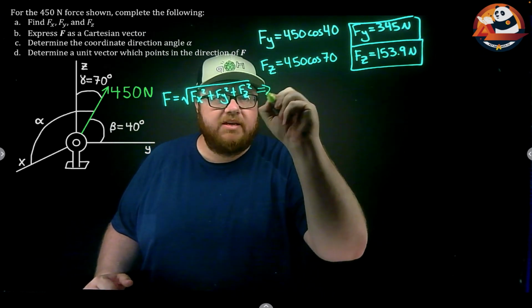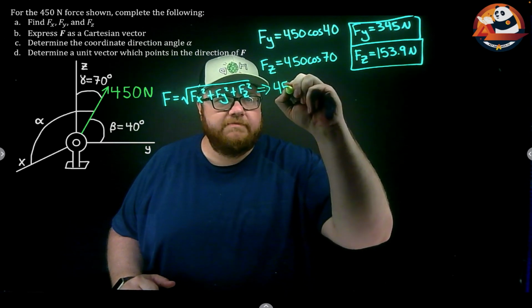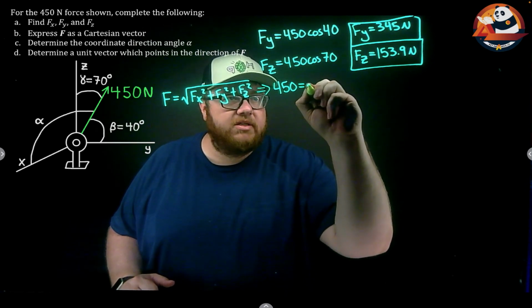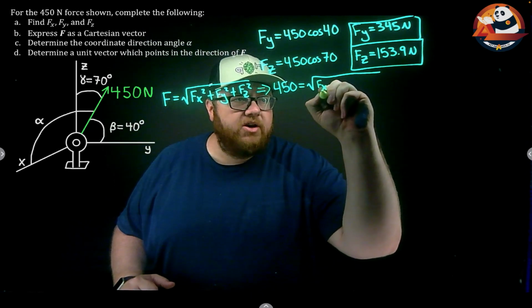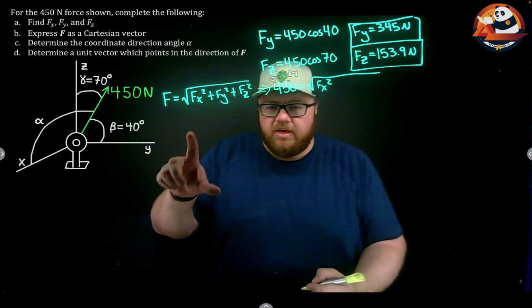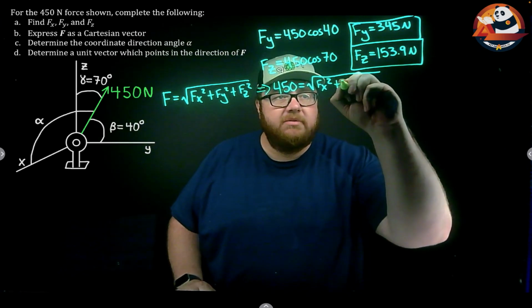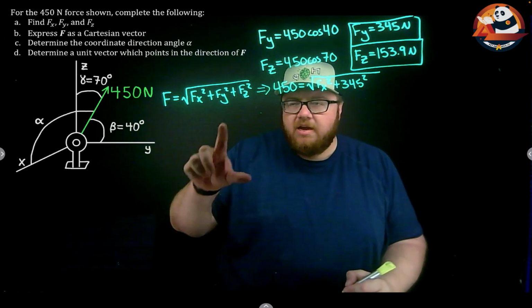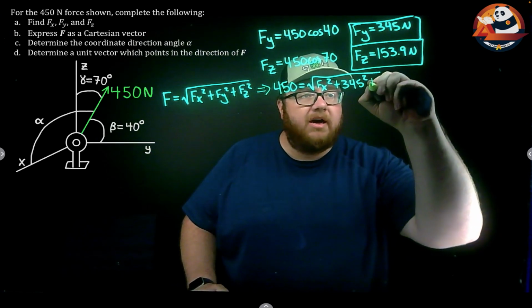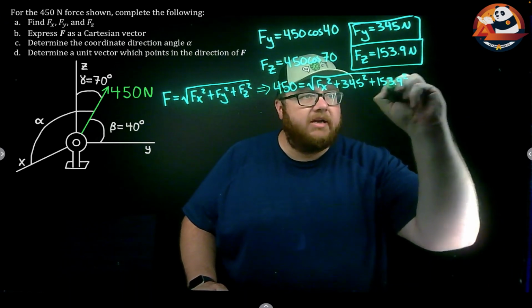This is the same thing as my total force, 450, equals the square root of Fx squared. That's my unknown I'll solve for. Plus Fy squared, but I know Fy, 345 squared. Plus Fz squared, and I know that, 153.9 squared.